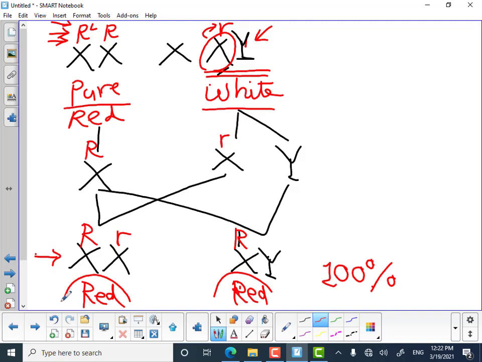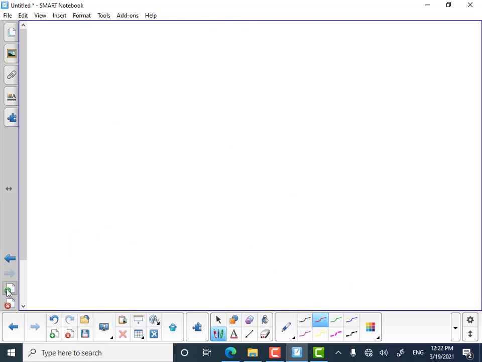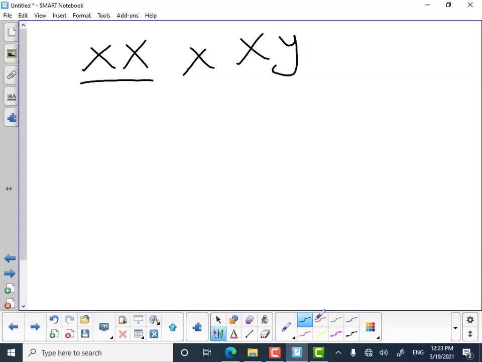Okay, if we make a self-fertilization between these two insects, in the second generation, what will appear to us? X mating with X, Y, and this female is hybrid, carrying R capital and R small, and this male carries R capital.